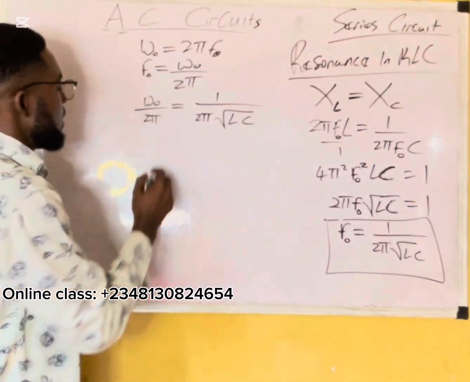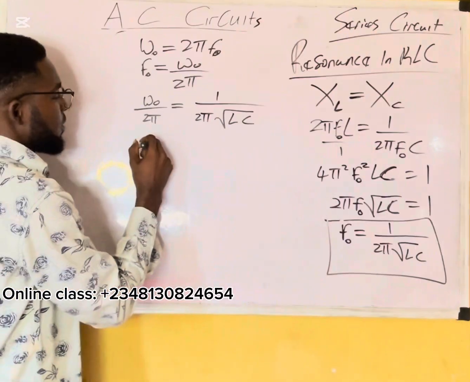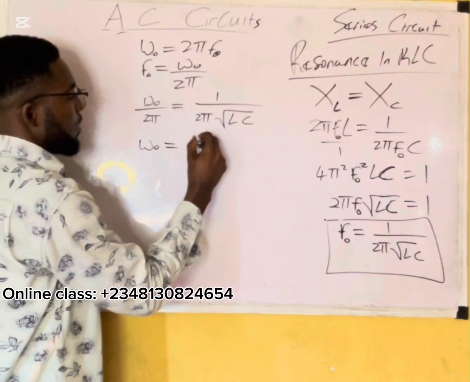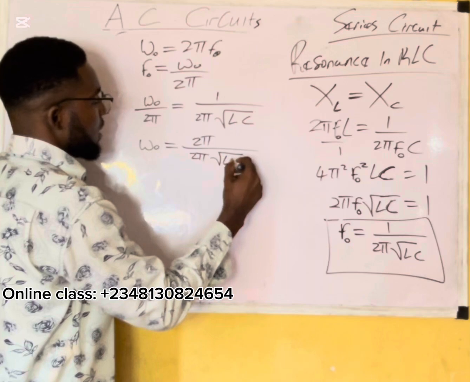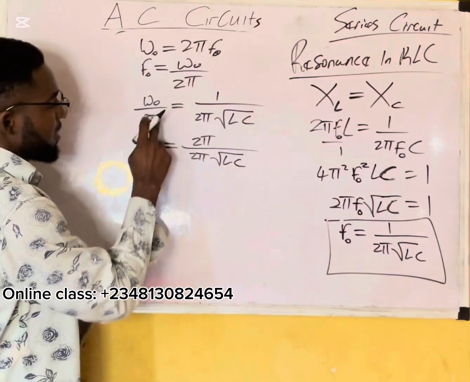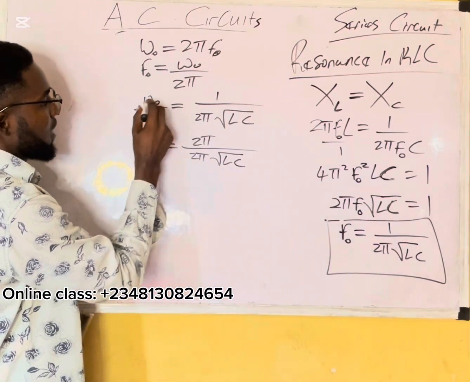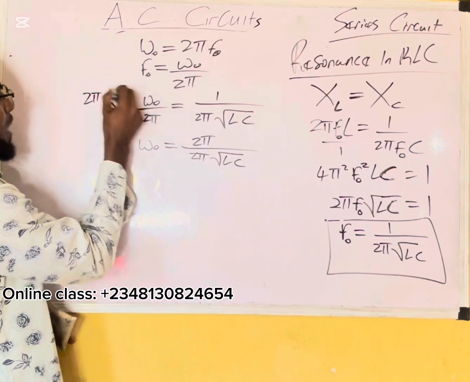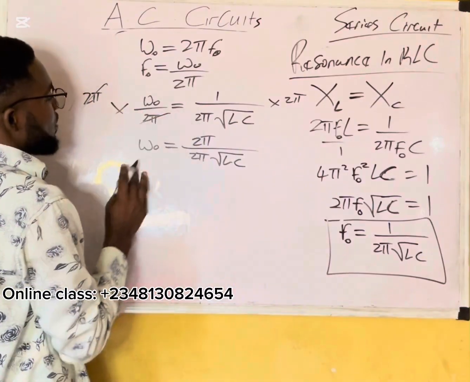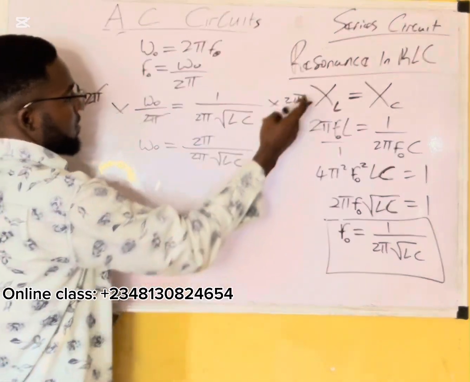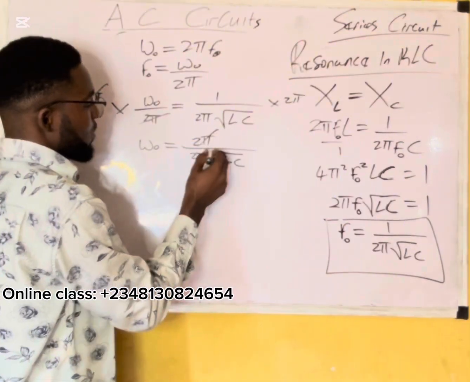Can you see what I'm doing? If I make this the subject of the formula, I multiply both sides by 2 pi. 2 pi cancels 2 pi, and 2 pi will also cancel out 2 pi.